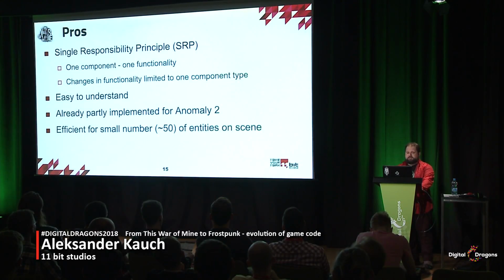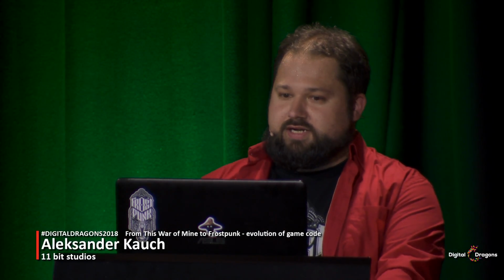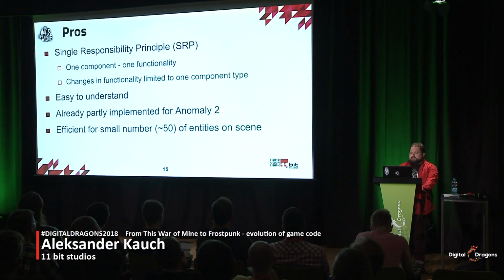Good things about that: it fulfills the single responsibility principle, so one class, one component, represents one functionality, and changes in that functionality are limited to the scope of the component. It's easy to understand, both for new programmers and for designers to work with.